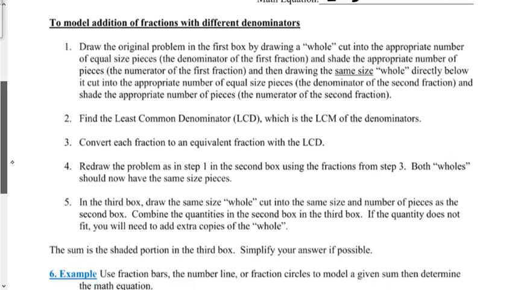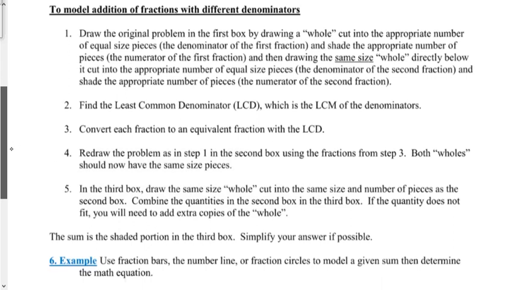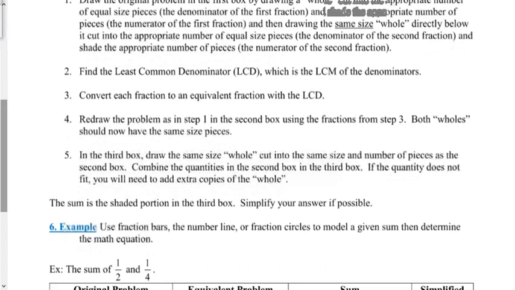So that's what we're going to be doing here, is we're going to be drawing the original problem, talking about the wholes, and then we're going to cut those wholes up into pieces. And the number of pieces that we need is going to be the LCM of the denominators. Now that LCM, we also call it an LCD because specifically it has to do with denominators.